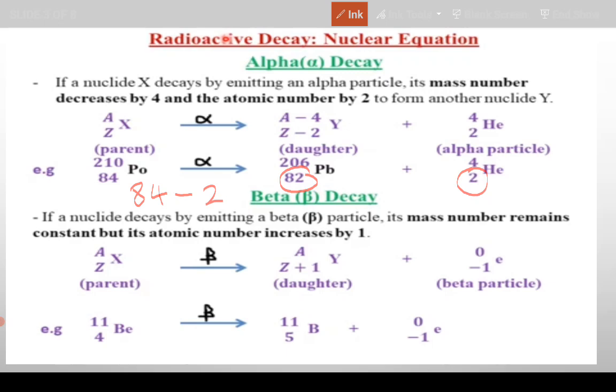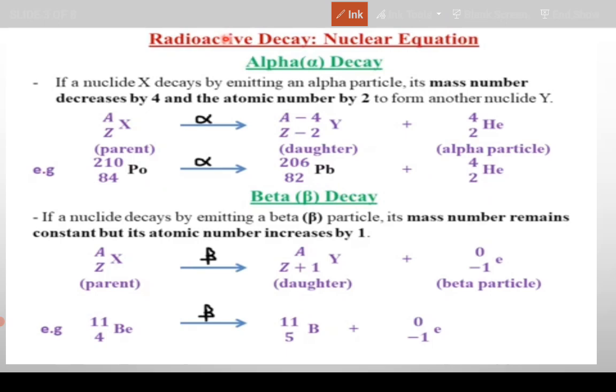So effectively, if you take the 82, add 2, you should be able to get the original atomic number, which was 84. So that's what we are saying for an alpha decay.